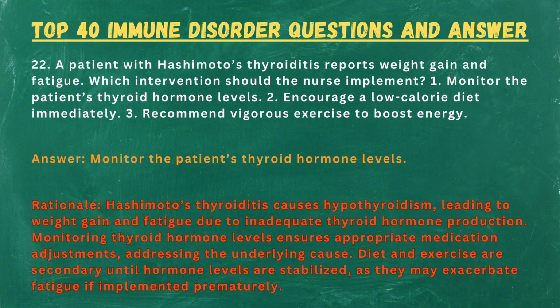Rationale: Hashimoto's thyroiditis causes hypothyroidism, leading to weight gain and fatigue due to inadequate thyroid hormone production. Monitoring thyroid hormone levels ensures appropriate medication adjustments, addressing the underlying cause. Diet and exercise are secondary until hormone levels are stabilized, as they may exacerbate fatigue if implemented prematurely.